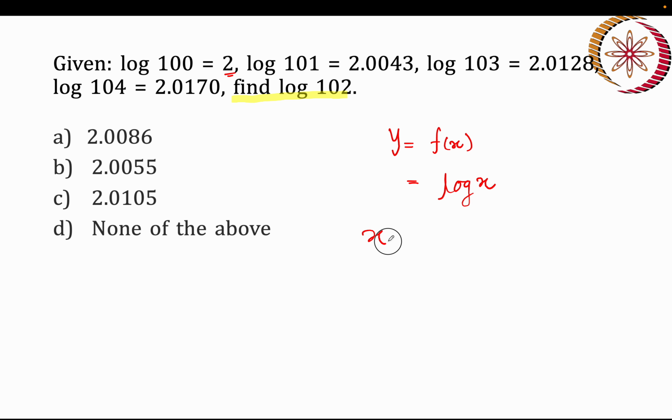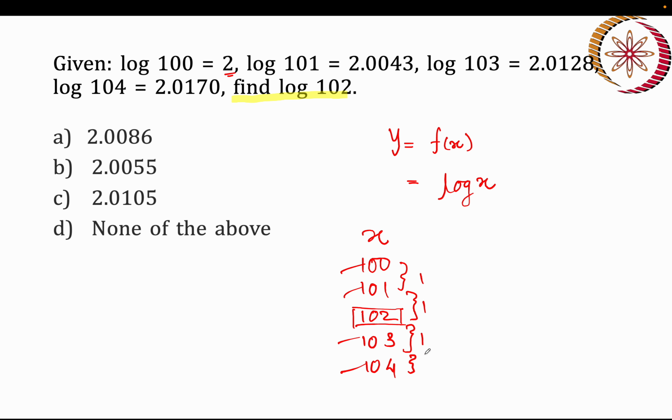If we see the x values, they are 100, 101, and then 102 is asked, so it is not given. 103 and 104 are given, and we also can see that the common difference between these is 1, and this one is 1, and this is 1, and this is also 1.